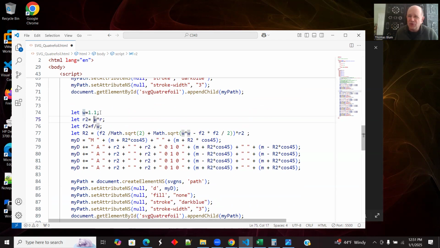I've just produced 1.1 just arbitrarily, and I took R2 and multiplied it by the W. I took F2 and divided it by the W. So that way, when I did R2 times F2 for where is the center of the circles, which is not part of my path, but it's important in figuring out where my paths meet, I want that to stay fixed.